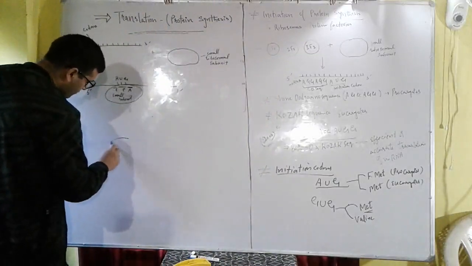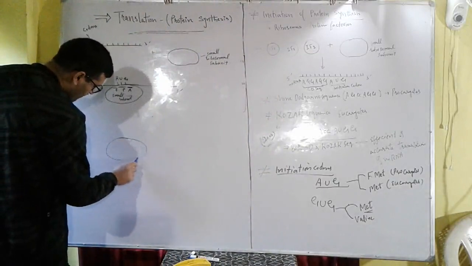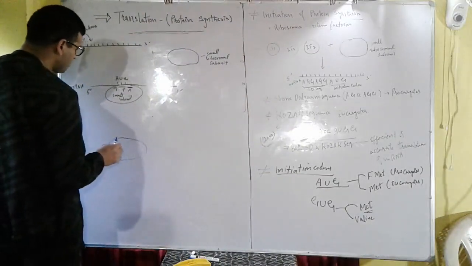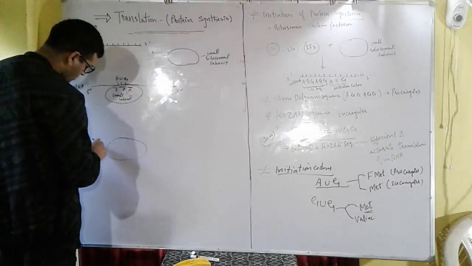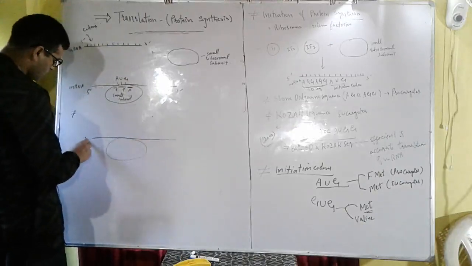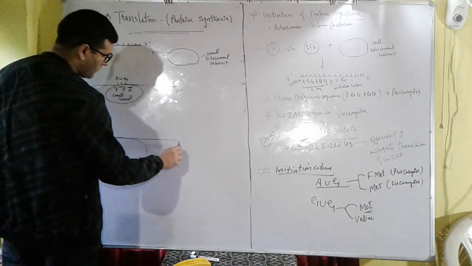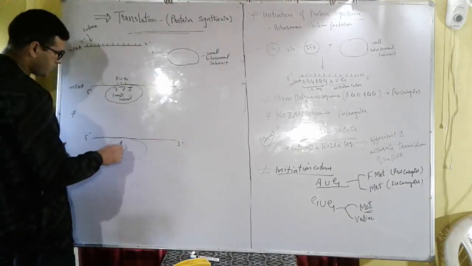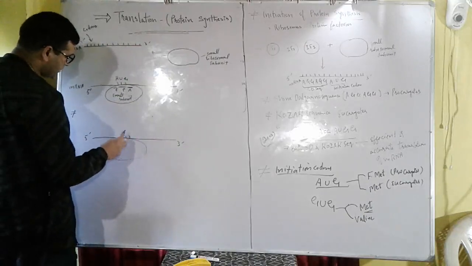This is the small subunit of the ribosome. This is messenger RNA. This is, for example, AUG.